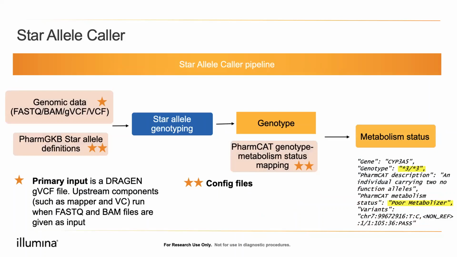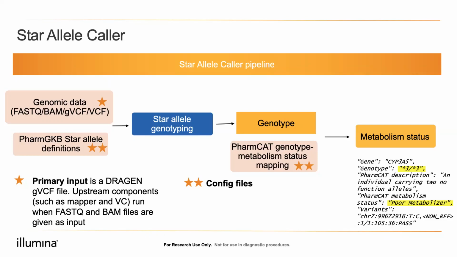So looking at the workflow, we take in genomic data in a lot of different formats. So either FASTQ, BAM, GVCF, or VCF. And the PharmGKB star allele definitions are also taken in as an input as part of the config file. The star allele genotyping is performed, and then that genotype is mapped to a PharmCAT genotype metabolism status.